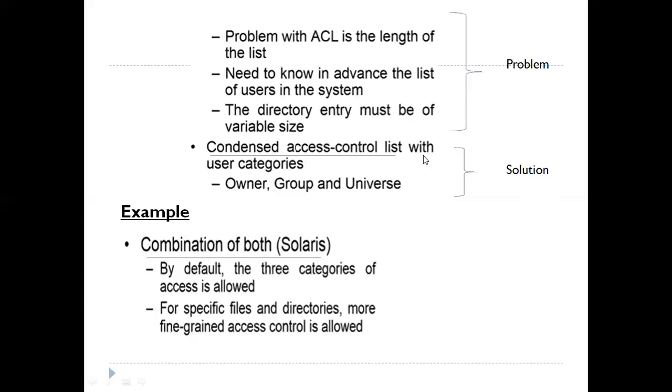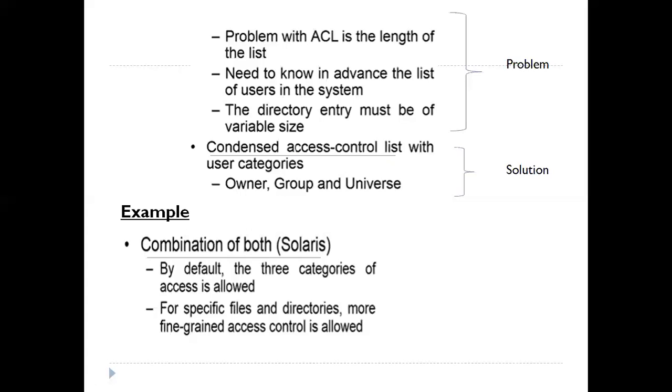In condensed ACL, they have something called owner, group and universal. So you divide the users into groups. Who is the owner, who is the group, and universal means everybody, right? So when you have it divided in that way, then giving the access to that particular file will be easier. You can say this file is being accessed, having read write only to the user, or this file has read write execute access for the group people or everybody.